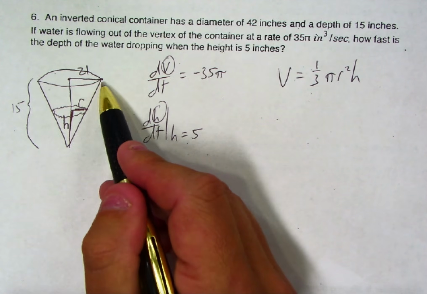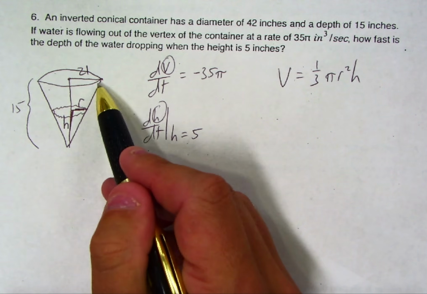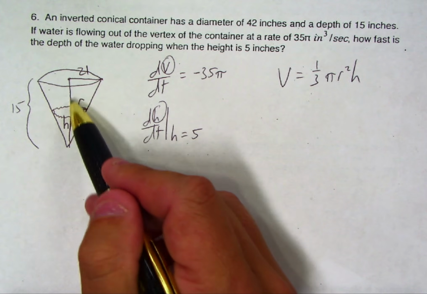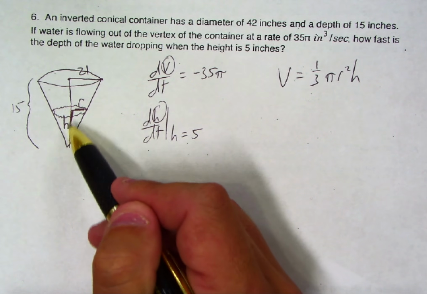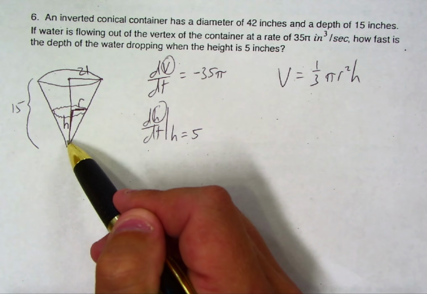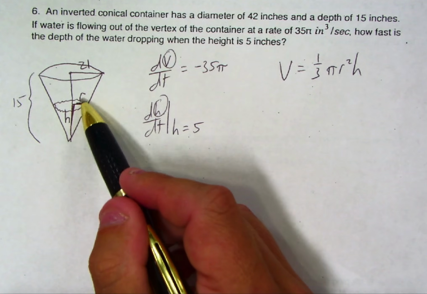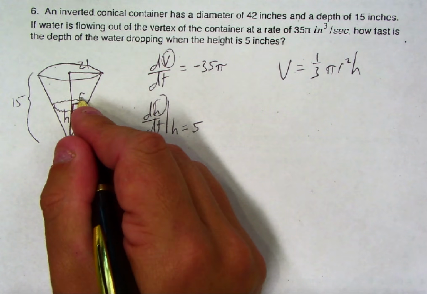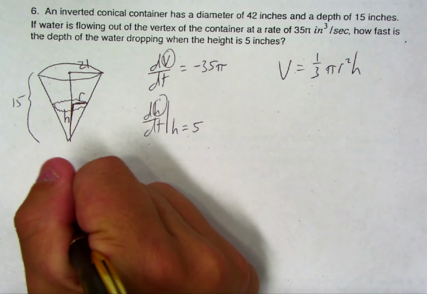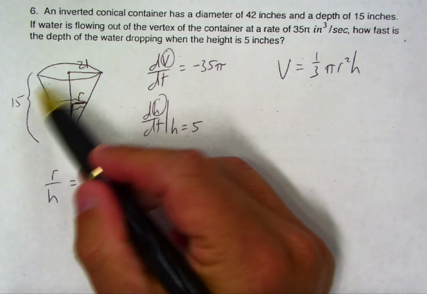If you think back to geometry and similar figures, what happens here is we have similar triangles going on right here. We have this big triangle, and then we have this little triangle, and they are similar triangles. And what that means is that the side lengths are proportional. We can set up a proportion with our side lengths here. So if I compare the radius and the height, that will always be in a ratio of 21 to 15.